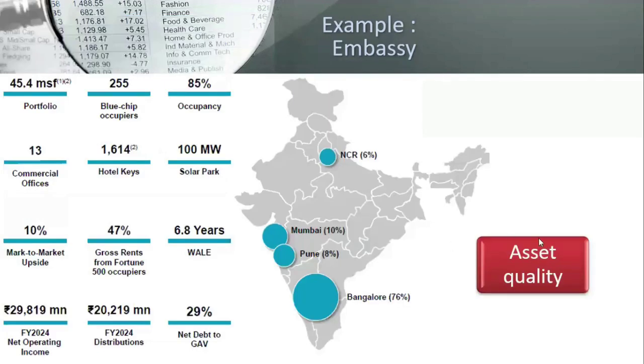The third example is the asset quality in the case of Embassy REIT. So if you have Embassy REIT 76% in Bangalore, and the whole ecosystem is supposedly moving to Bangalore, then at that point of time, the interest rate would have a little impact.